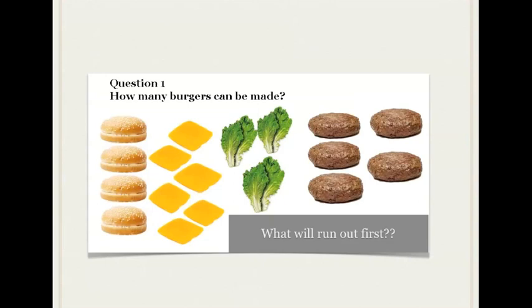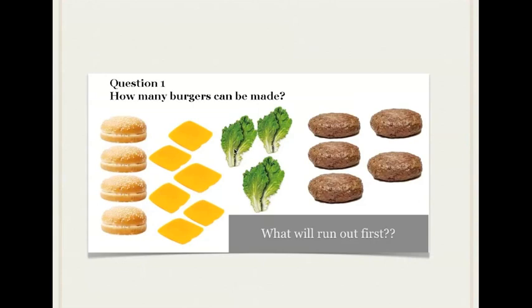We've got 4 buns. We've got how many? 1, 2, 3, 4, 5, 6 pieces of cheese, 3 lots of lettuce. It looks like cos lettuce or something like that. And then we have 5 burger patties. How many burgers will be made? What we need to look at is what's going to run out first. And we understand that quite easily with this example here, we can see that our lettuce here is going to run out first.